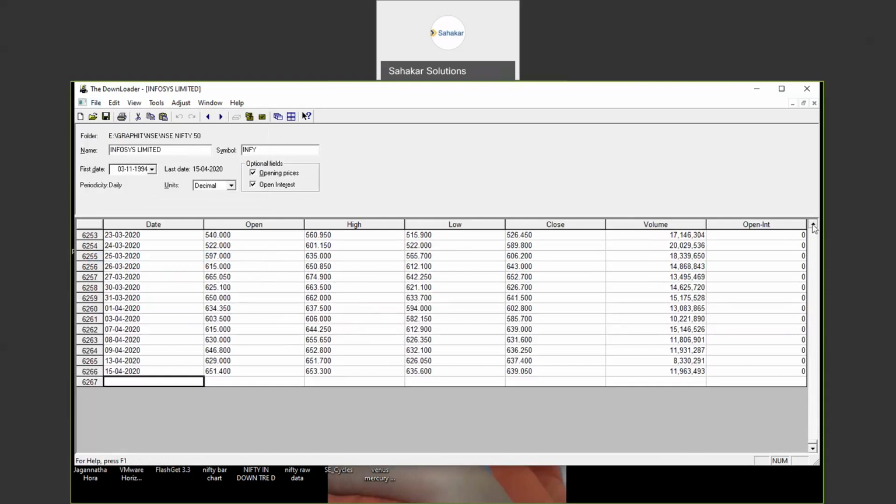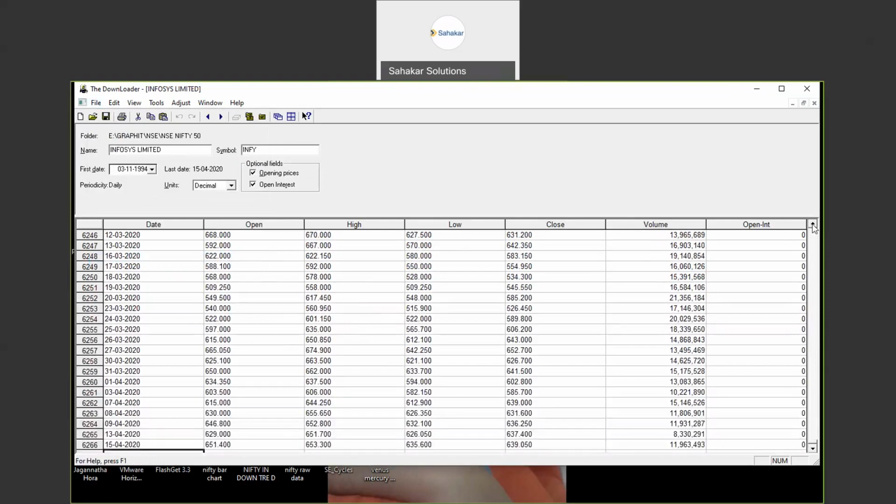This is the information of Infosys. It also has the same fields: the date on which it was traded, the open price, the high price, the low price, and the close price. By looking at it, it is very difficult for us to see whether the script has the potentiality to move up or move down.